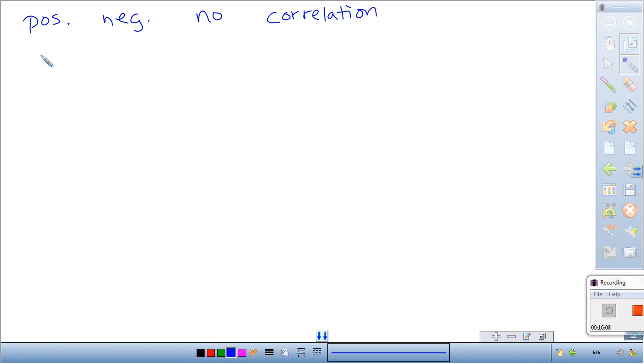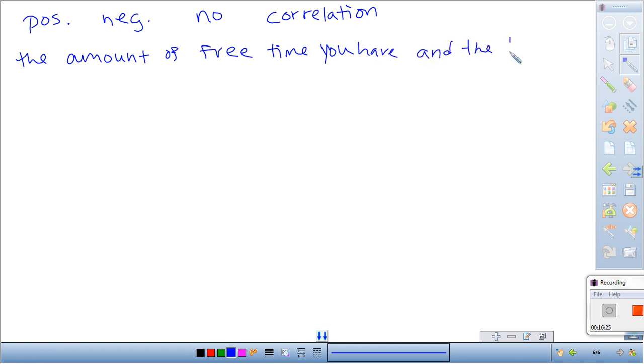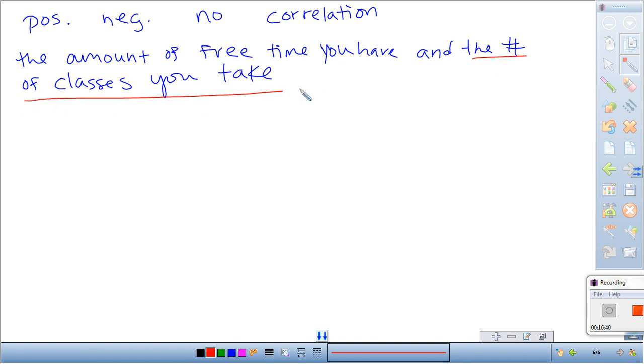Let's say the amount of free time you have and the number of classes you take. So if you're going to figure out if it's positive, negative, or no correlation, you just need to first look at the second thing, the number of classes you take, and ask yourself, what happens as that increases?